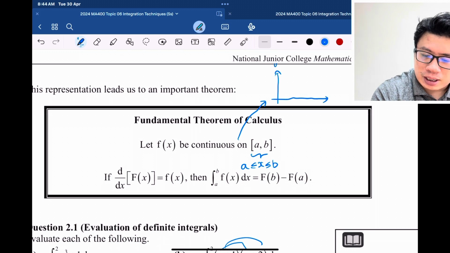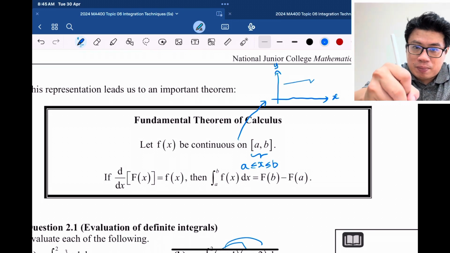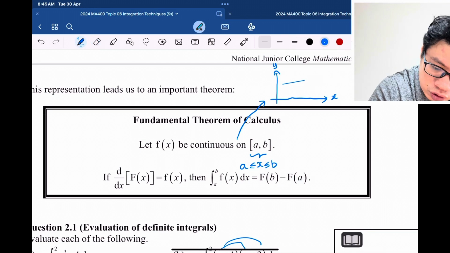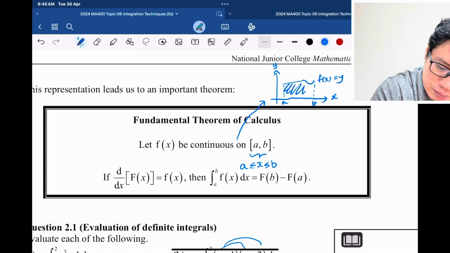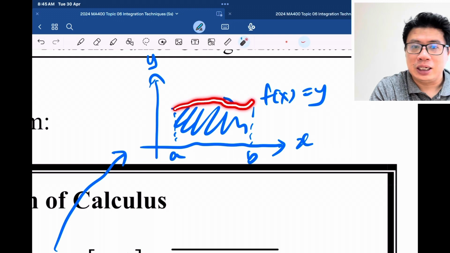If I were to draw a line for f(x), my pen does not leave the paper, and you have a nice continuous graph from a to b. There is no gap in the graph.